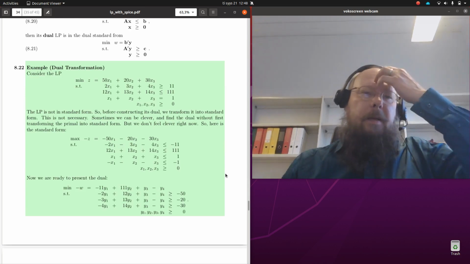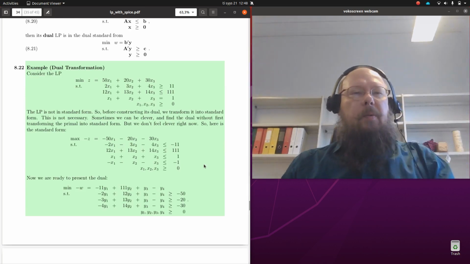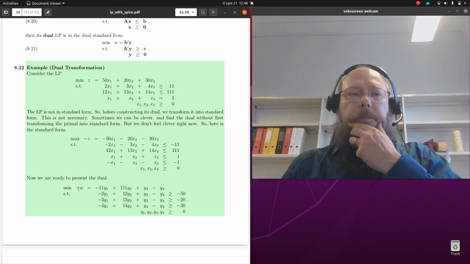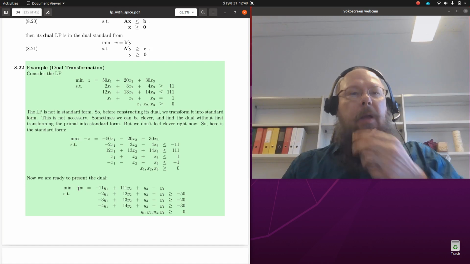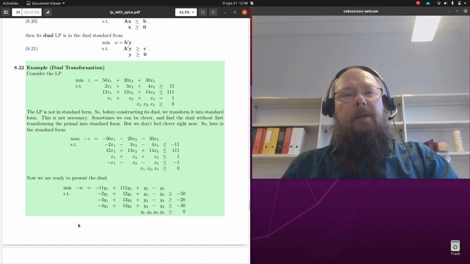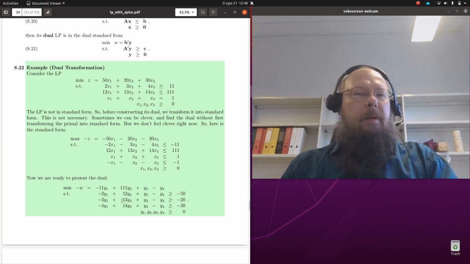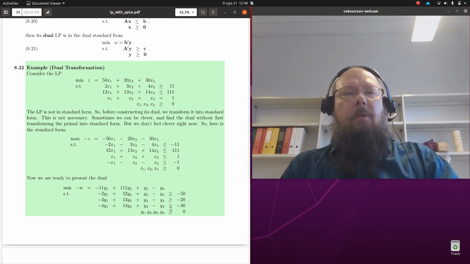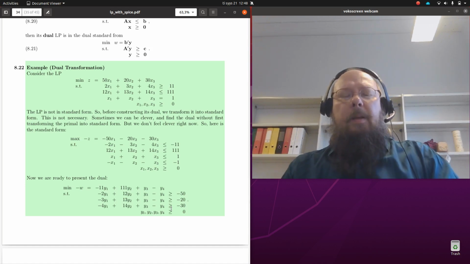And indeed, since the primal was a minimization, and especially since we have a minus sign here, making this dual a maximization might be more natural. This is now presented in a dual standard form, which is natural for a minimization.